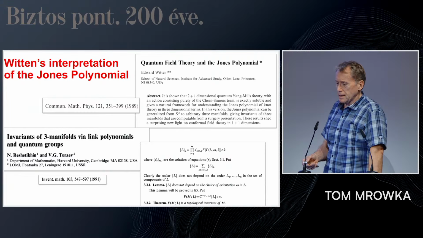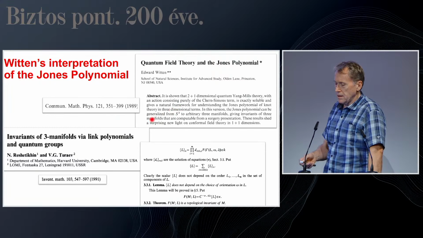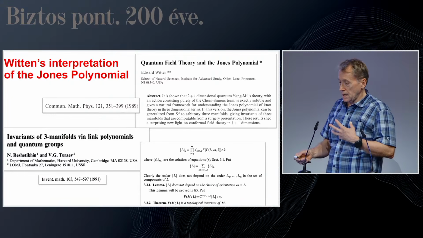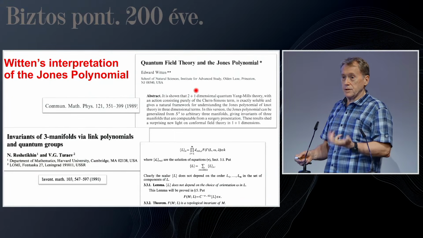Another important thing that happened in those early days, another instance of the interaction between the math and physics community, is the Jones polynomial, which at the time was only defined for knots in the 3-sphere.